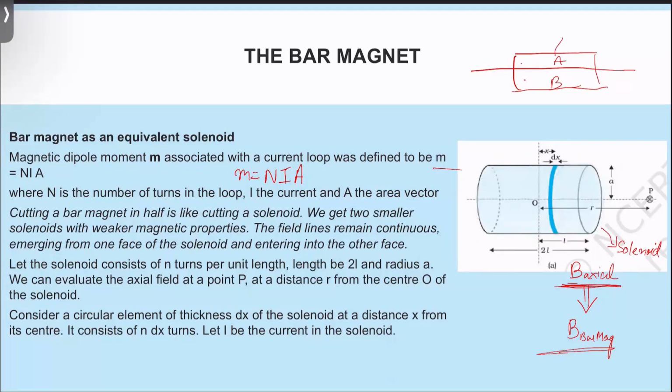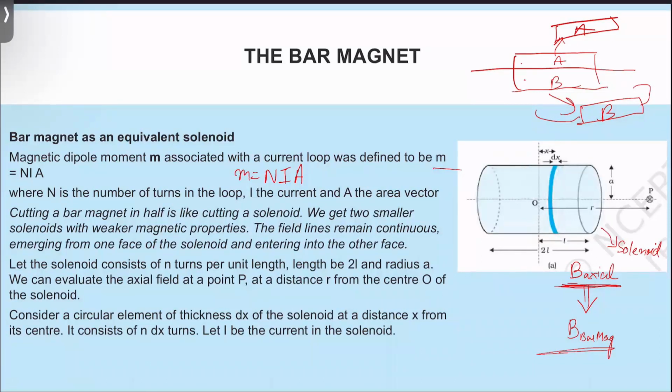So you will get a solenoid of A and a solenoid of B, with weaker magnetic power, but they will be two different solenoids. Again the field lines will remain continuous, emerging from one face of the solenoid and entering from the other face.